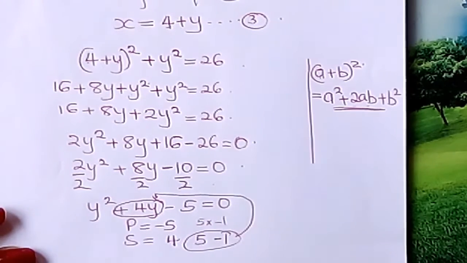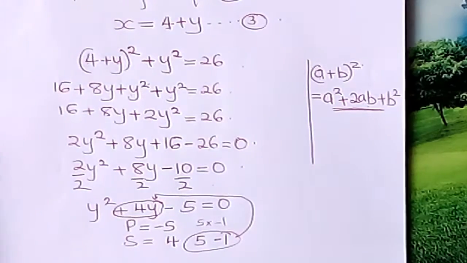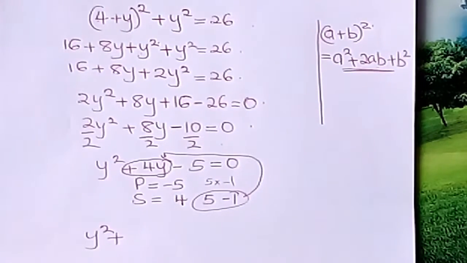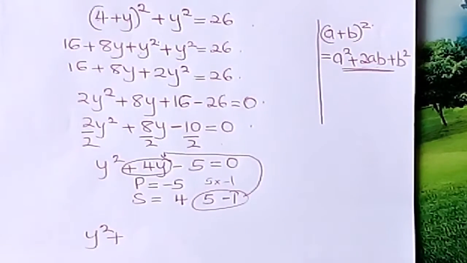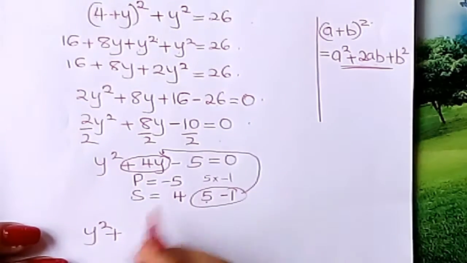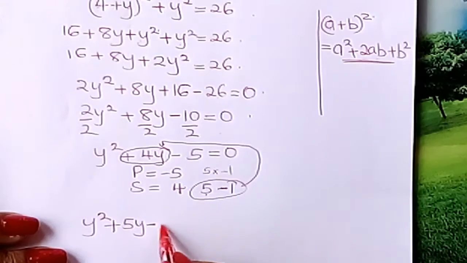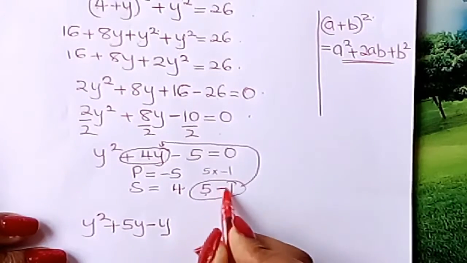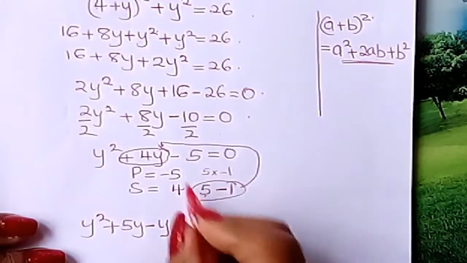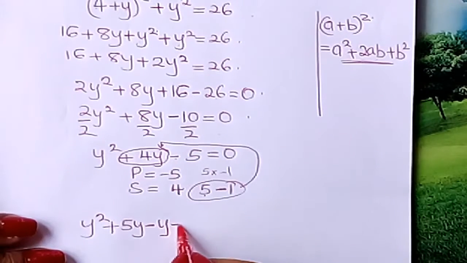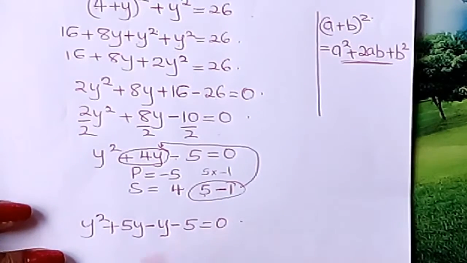So we write y squared plus what? Y squared plus 5 multiplied with y, minus 1y, which is the same as just minus y. Then you go back to minus 5 is equal to 0.